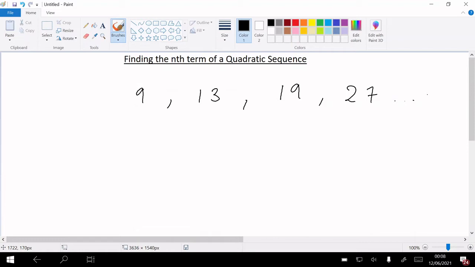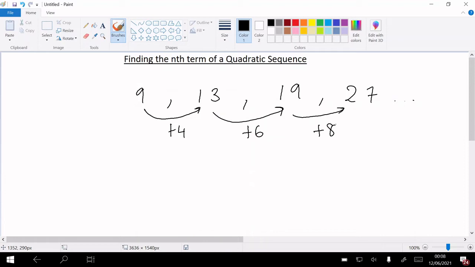So the first step in a quadratic sequence is to figure out the first difference. That is simply how to go from one number to the next. So in this case, you're adding 4. Then you're adding 6. And you're adding 8. So this is the first difference.